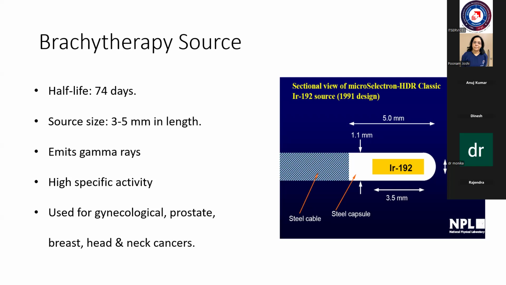Here we can see that the iridium-192 source is attached to a steel cable within the HDR microselectron machine, and it goes and treats the patient through the catheters that we install. Let's see the steps in detail, which will make this concept clearer.